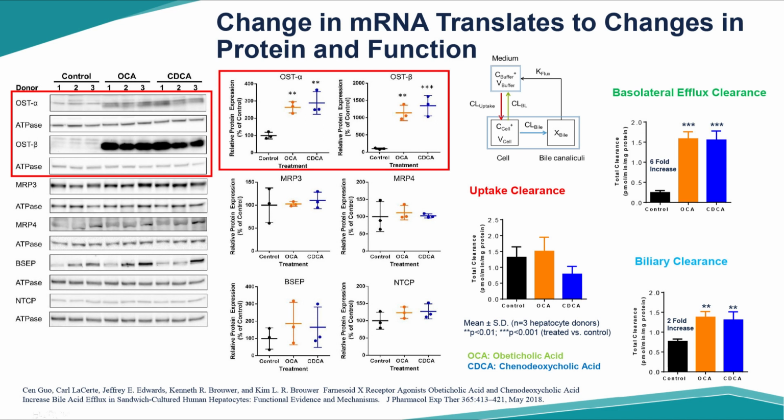The biliary clearance was also increased. So this is, I think, one of the first examples for transporters of linking changes in messenger RNA with changes in protein with changes in function. So very nice body of work there.